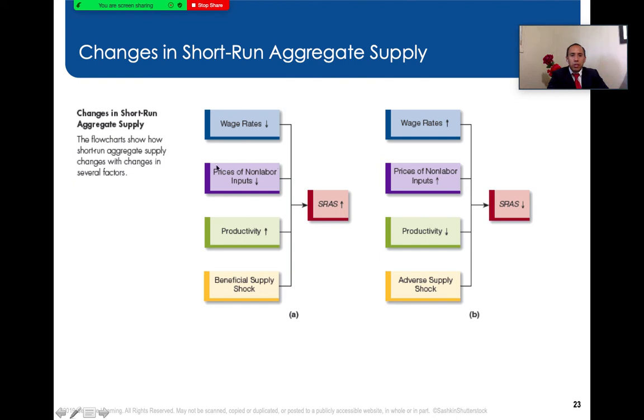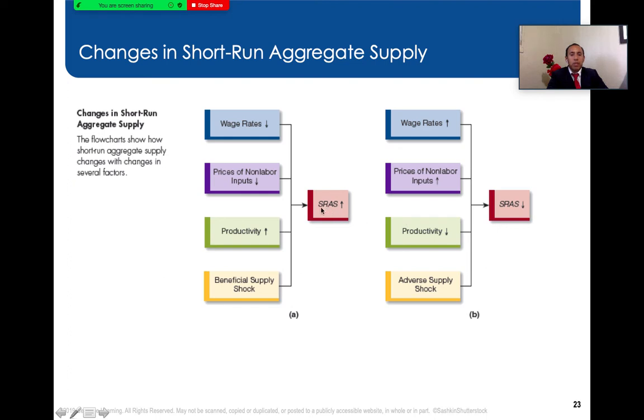With higher wages, higher non-labor input costs, like the cost of resources and raw materials increasing, lower productivity in the market, and negatively adverse supply shocks, the aggregate supply curve declines. And if the aggregate supply curve declines, that's a shift.